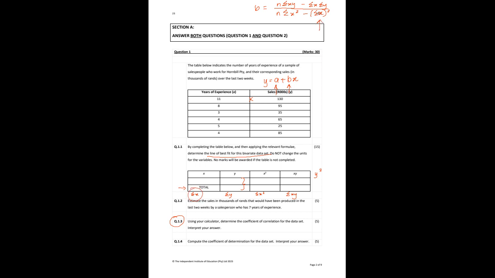Your sum of y is needed here, and then your sum of x squared is needed here, and then your sum of xy is here. So everything that would have been done in the table is then put into the formula.